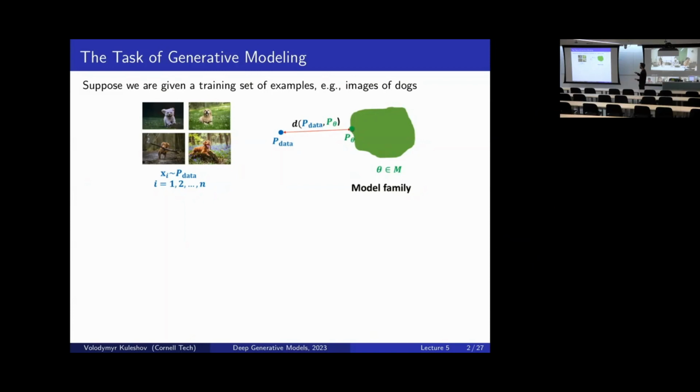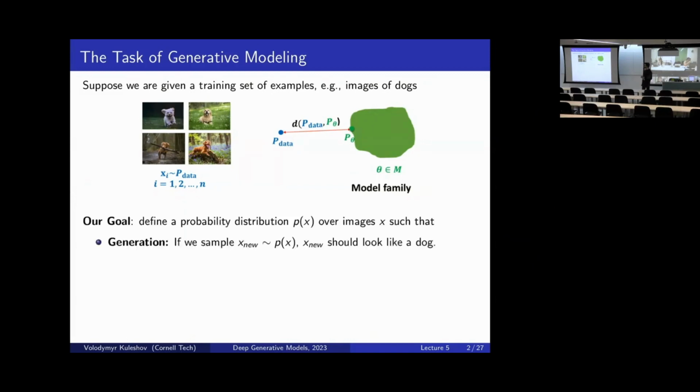Then we choose a model within this class, and we choose it to approximate the true data distribution. We're assuming these images are coming from the data distribution. We define an objective over probabilities, and we try to find the best probability in that class.